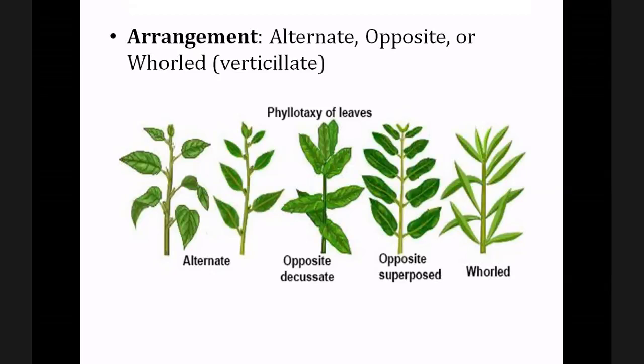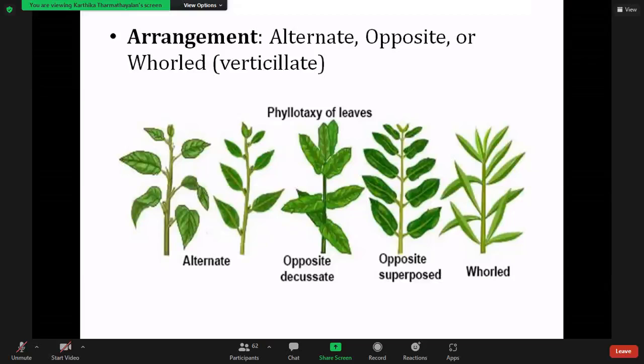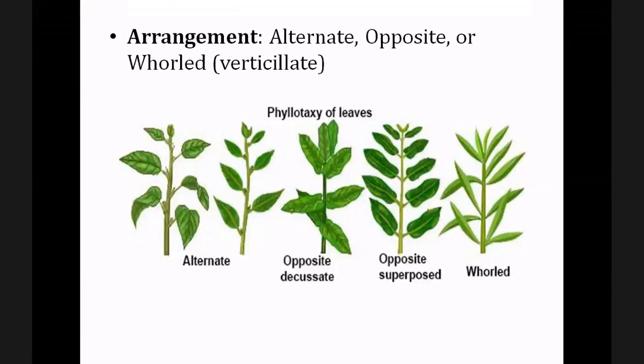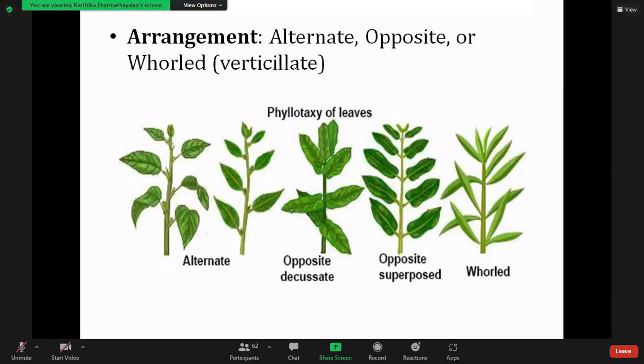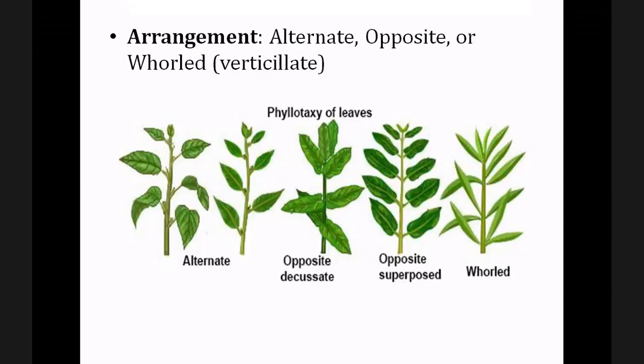To increase the photosynthetic ability, the leaves are arranged in a certain manner on the stem. There are three major leaf arrangements: the alternate leaf arrangement, opposite leaf arrangement, and whorled leaf arrangement.